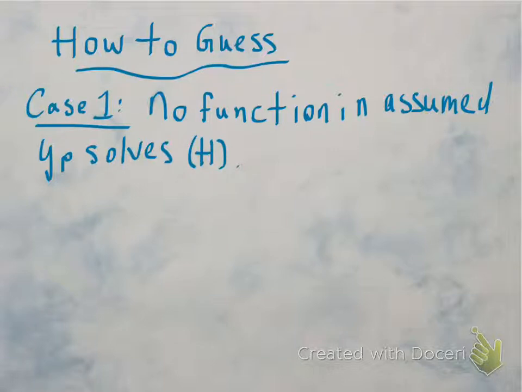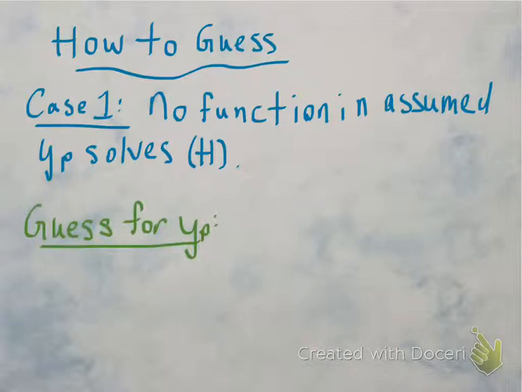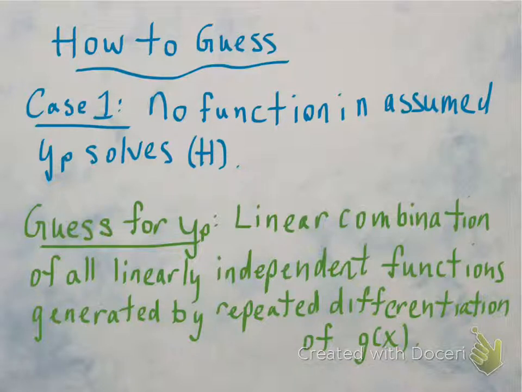Case 1: no function in what you want to assume your y sub p is also a solution to your homogeneous differential equation. In that case, your guess for your particular solution is going to be a linear combination of all linearly independent functions that are generated by repeated differentiation of g of x.